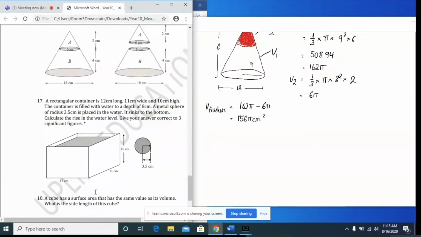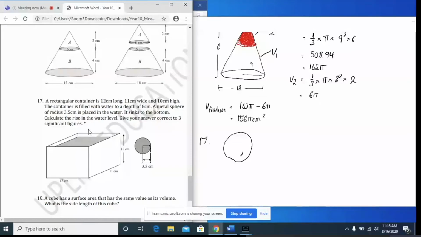Now you guys should know from primary school the concept of Archimedes Principle. What it is basically is when you put a volume into a body of water, that body of water will rise by that exact same volume. So I think the key to doing this question is going to be working out what the volume of the sphere is going to equal to.